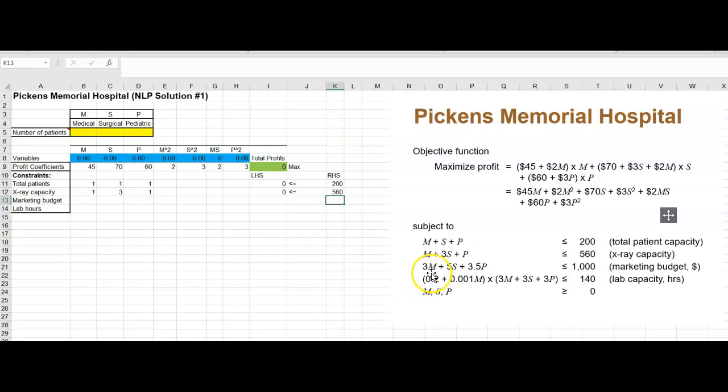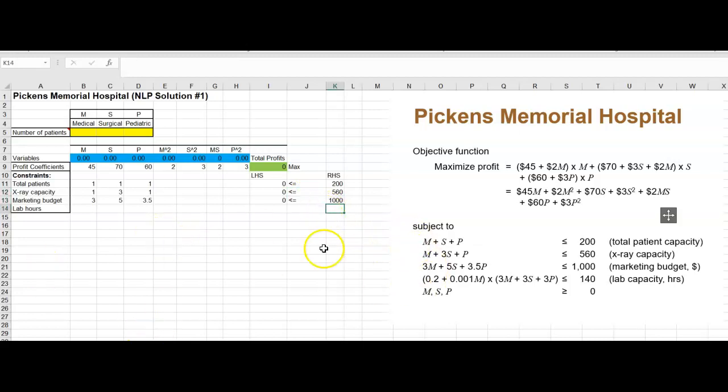The marketing budget says 3M, 5S, and 3.5P. So 3 goes under M, 5 goes under S, and 3.5 goes under P. Again, the remaining terms are not in there, so I can simply drag this left-hand side formula down, and that needs to be less than or equal to 1000.